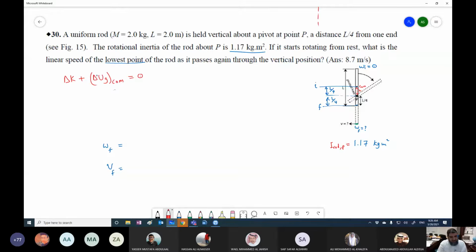نفس المعادلة دلتا K plus delta UG. طبعا هنهتم بالcenter of mass equals 0.